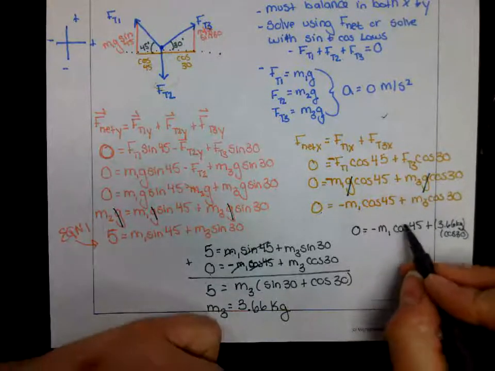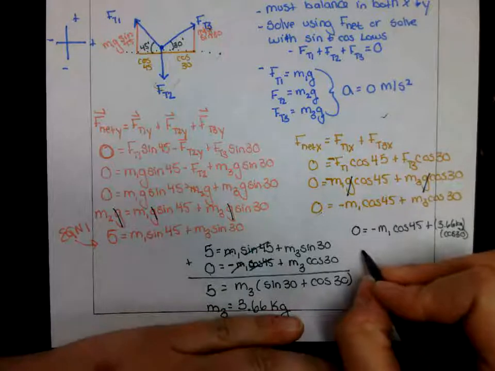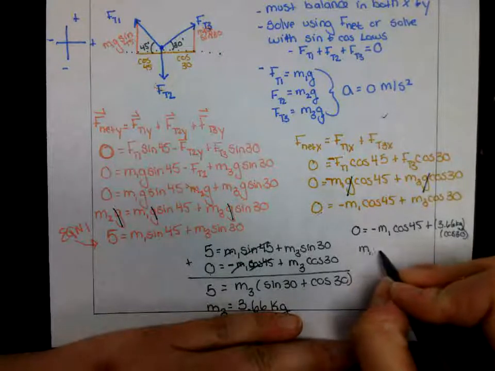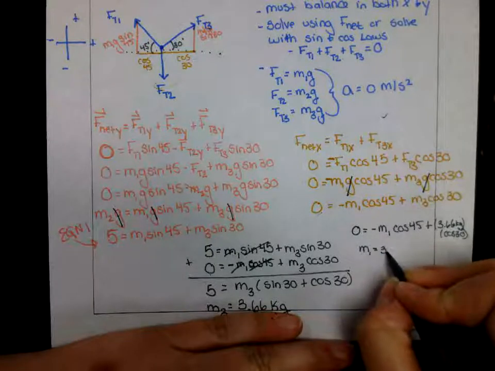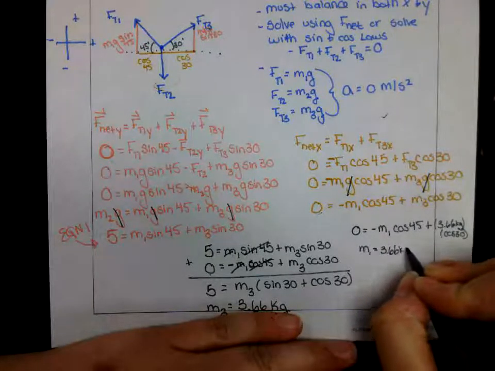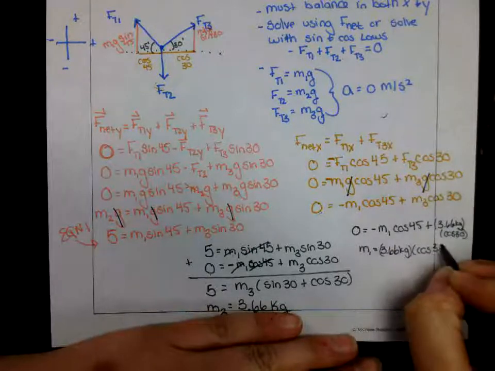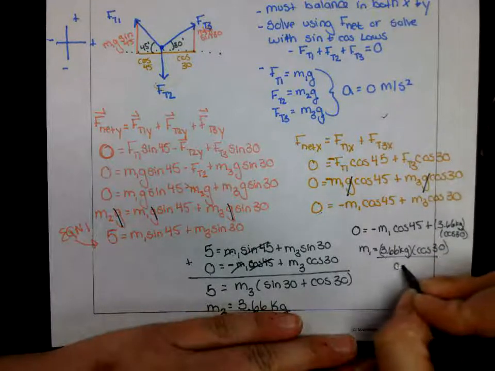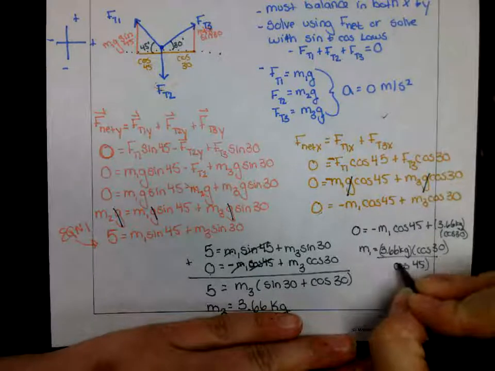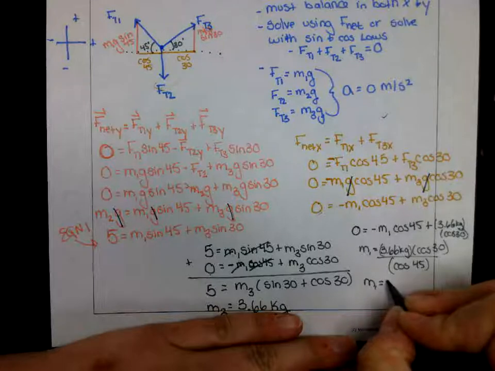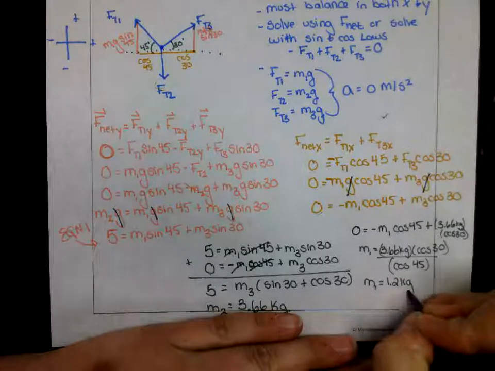I'm going to move this whole negative M1 cosine 45 over, and then I'm going to divide out cosine 45. So I'm going to get M1 is equivalent to 3.66 kilograms times cosine 30 all over cosine 45. So M1 is equal to 1.2 kilograms.